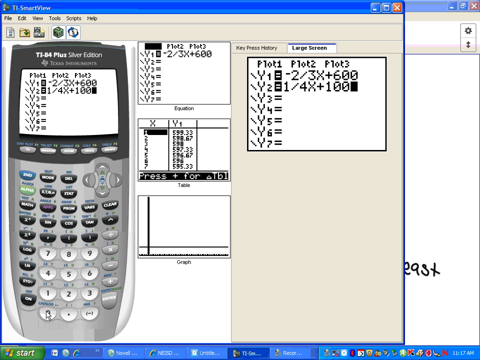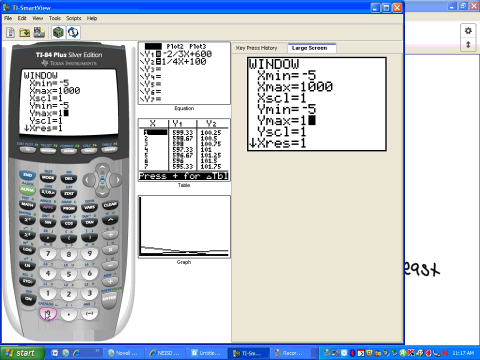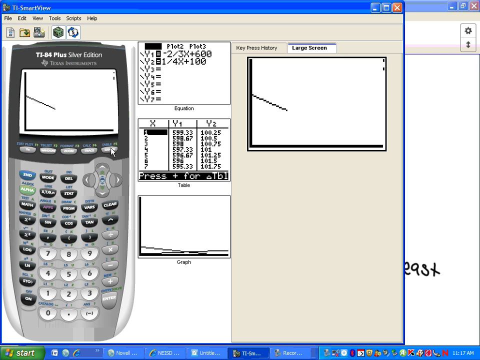Okay, I'm going to reset my window to match what I had here, which is, I'll leave -5, but I need to go to 1,000, correct? And let's do the same thing. Let's put -5, just have a little bit of border, and go to 1,000. Okay, so let's graph this. There's Mrs. Villars.